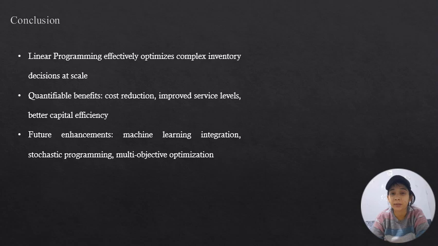Machine learning can be used to improve demand forecasting, and stochastic programming can be used to handle uncertainty better. Multi-objective optimization can achieve a trade-off between competing objectives, and time-dependent decisions can be integrated via dynamic programming.